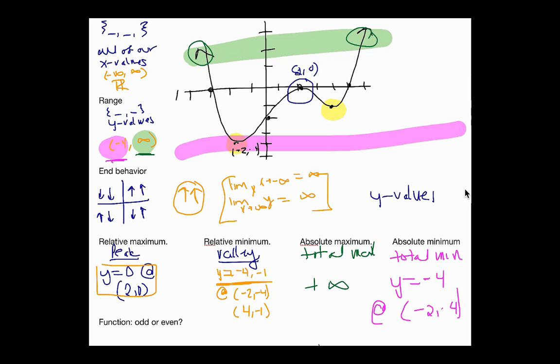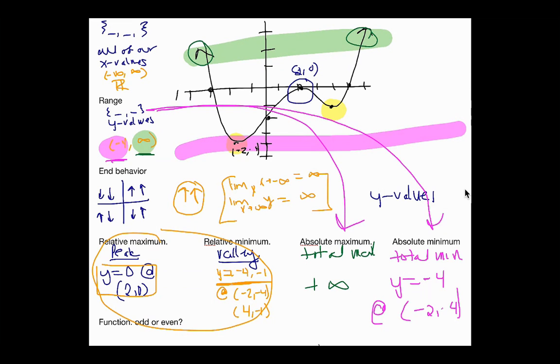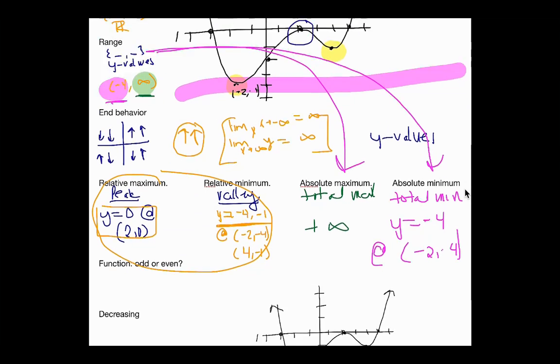Again, that's the lower value of your range. So your range is connected to your absolute max and absolute min, versus your relative max and min, which really tell you all of those peaks and valleys, those bumps, those little moguls, if you're into winter sports, as we go through.